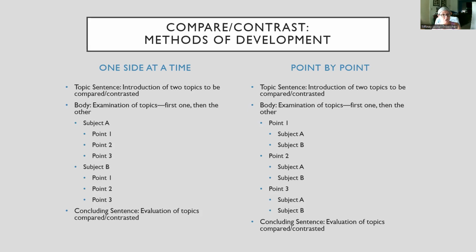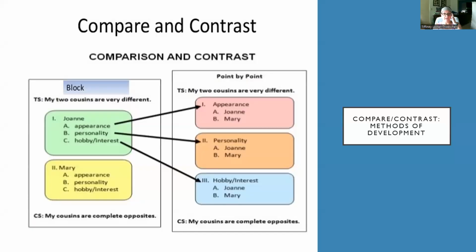And again, we're going to take a look at several examples of both methods of development. Hopefully you'll get a feel for both methods, and that will help you determine which one you understand the best, which one you'll be able to execute the best, which one fits your subjects the best.